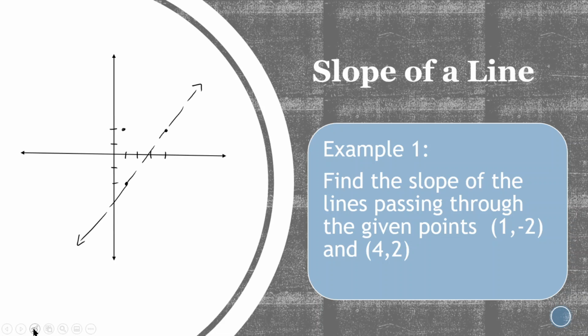Okay, so the slope of this line is going to be how much change is occurring between the 2 points. So we're going to talk about our change in y and our change in x. Okay, so our slope is rise over run.